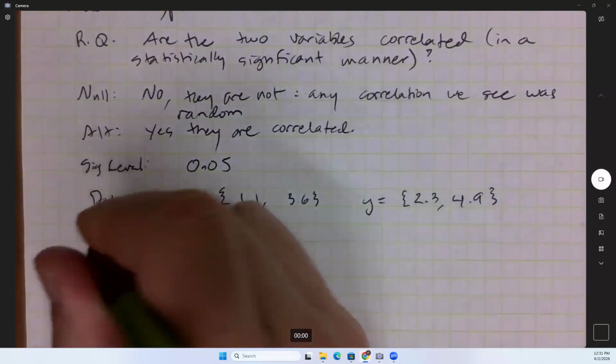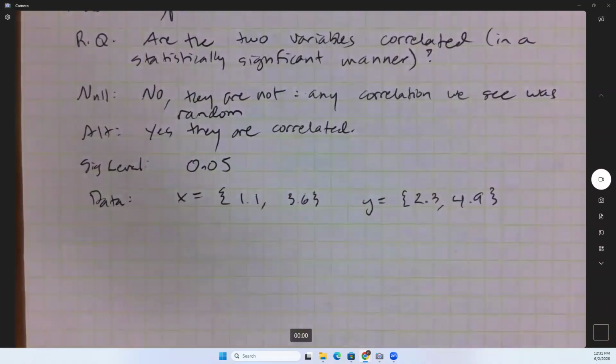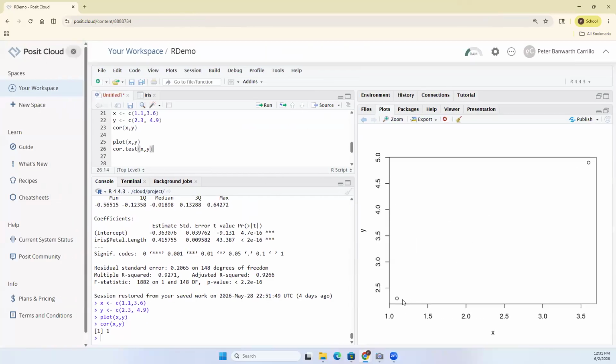And actually, one thing is we can't actually do a correlation test. We can't do a hypothesis test on just two data points for the specific reason that you can always connect it with a line. So if we're going to do a hypothesis test, we actually need at least 3 points of data.